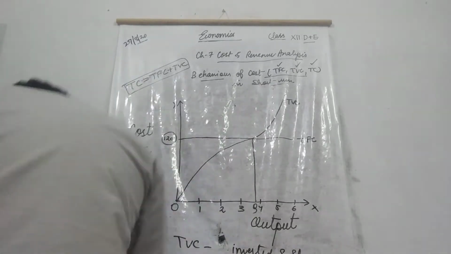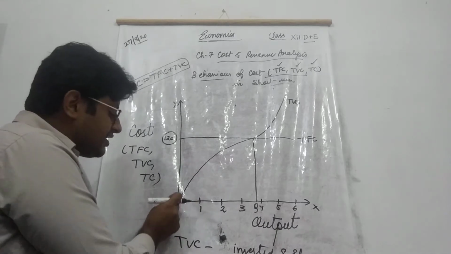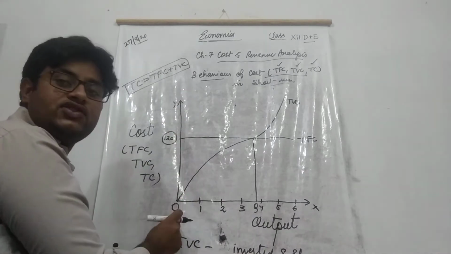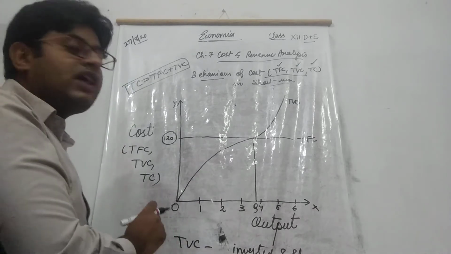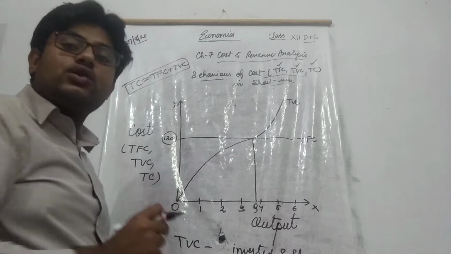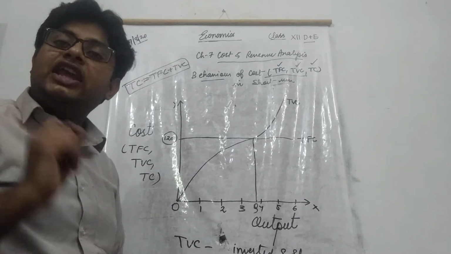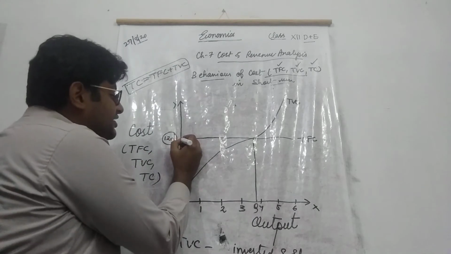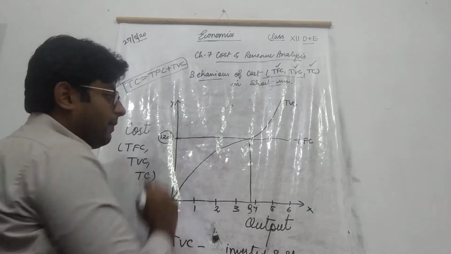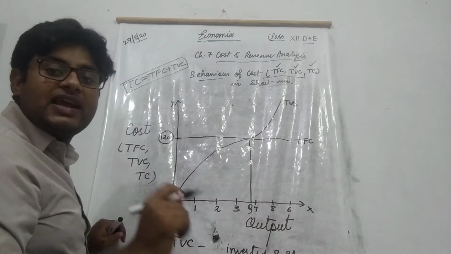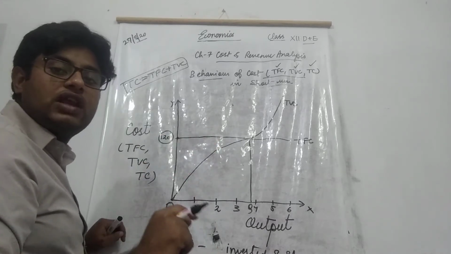Okay, so what we have concluded is that at the 0 level of output, this vertical y-axis is showing the 0 level of output, my TC and TFC are equal. That means my TC will start from this point only, from 120, because my TFC is 120 at 0 level of output and my TC will also be 120 at 0 level of output.